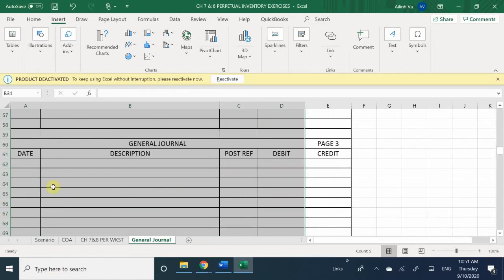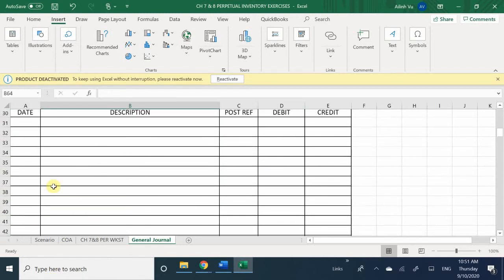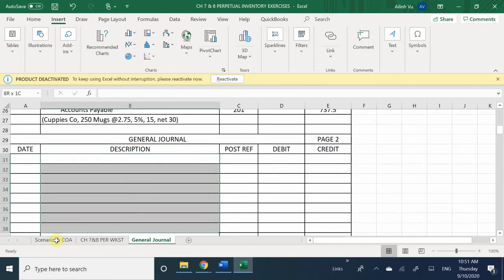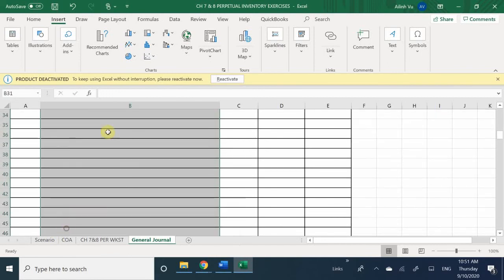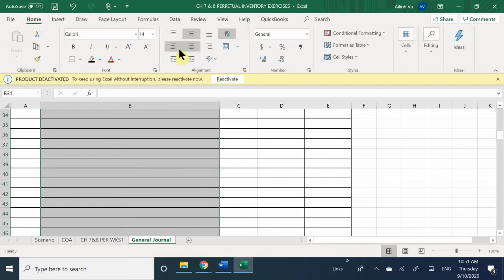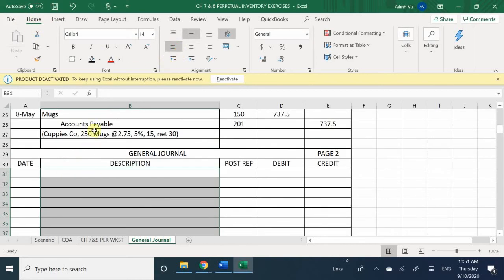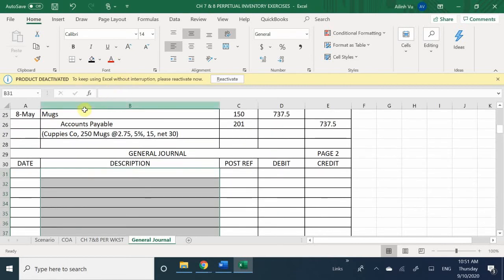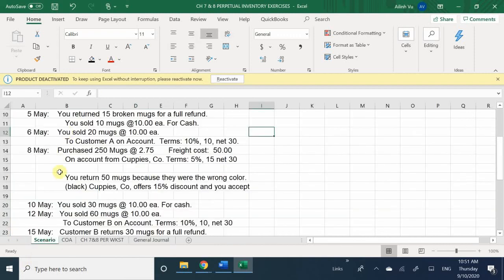All right, so I've got to go back up here. I went too far down. I completed my first journal entry, so I'm at the end of it and can move on to the second page. So what has happened on the same day?